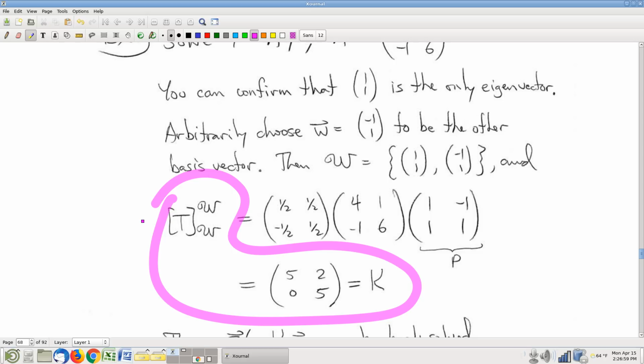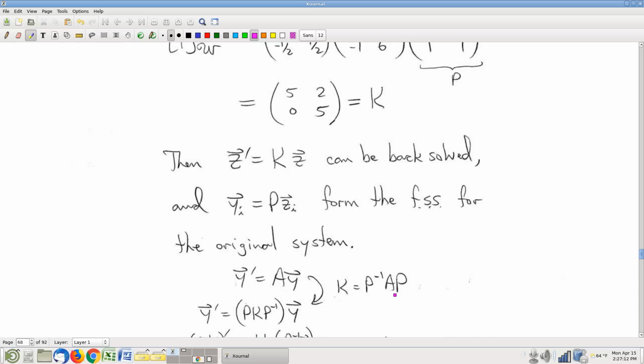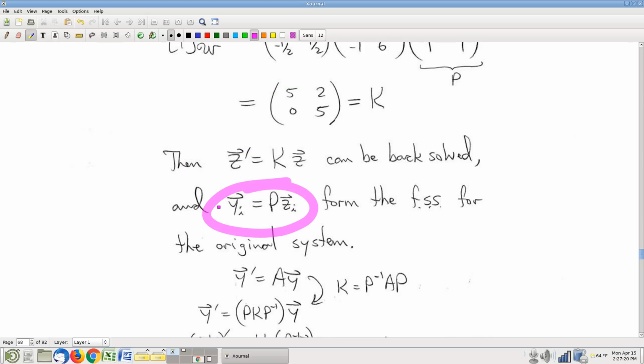Again, strictly speaking, to be Jordan form, this would have to be a 1, and it isn't. So, still don't care, because it's upper triangular. And then, once you solve that, this can be back solved. Once you find your z's, then you substitute for the same argument.